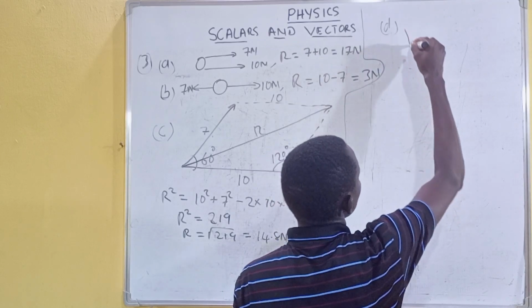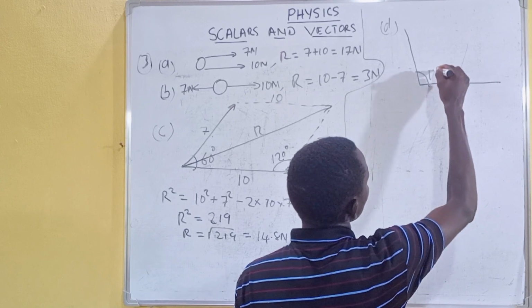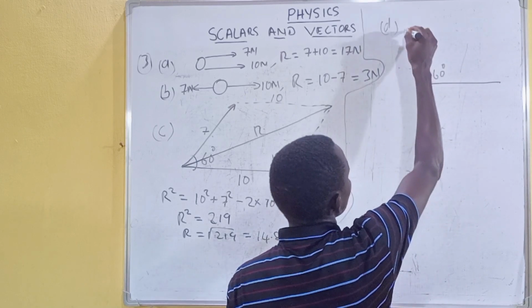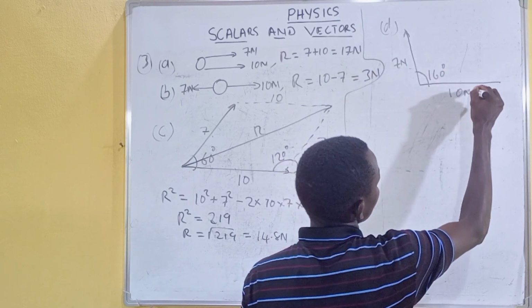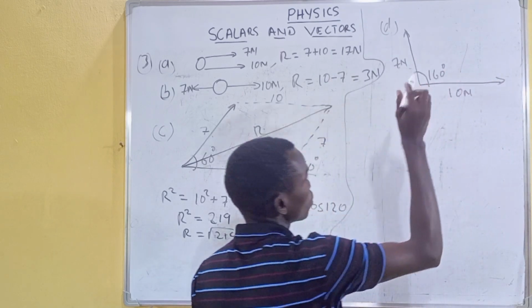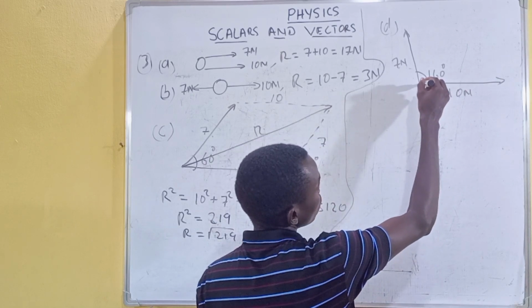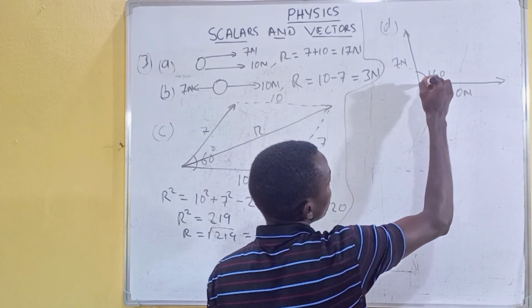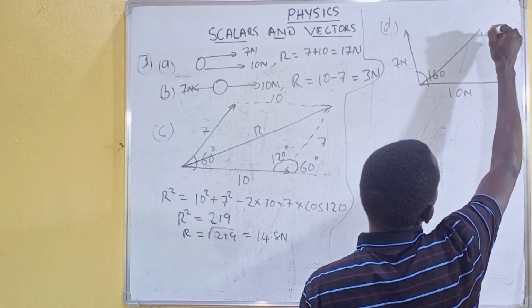Let's say here are two forces at 160 degrees to each other: 7 Newton and 10 Newton. From the law of parallelogram, the diagonal drawn from the point of intersection represents the resultant vector.